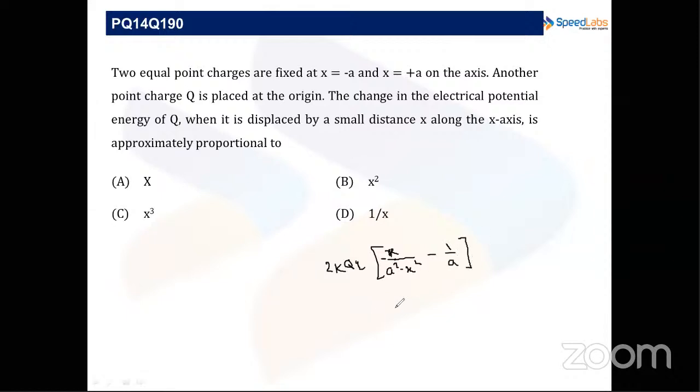So after solving this, we get this a square minus x square, and here ax minus a square plus x square. Now here x is very small, so you can just neglect it. So this term and this term is neglected. Here this term is, wait. यहाँ पे नेग्लेक्ट नहीं होगा. Just a second.